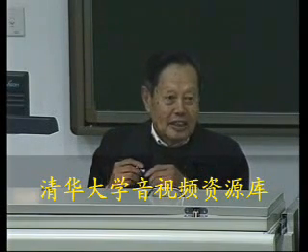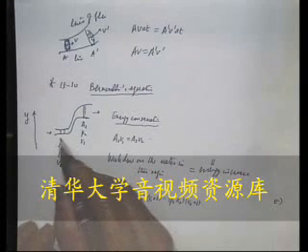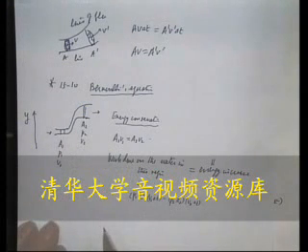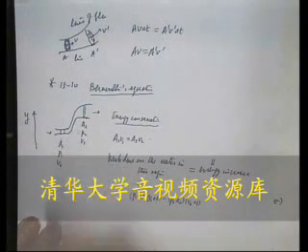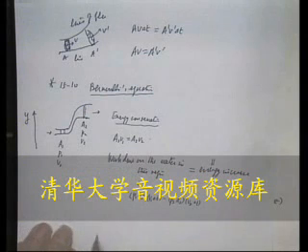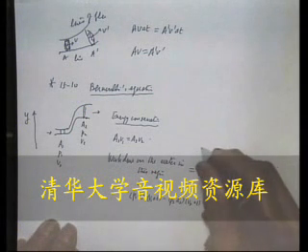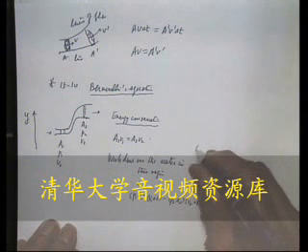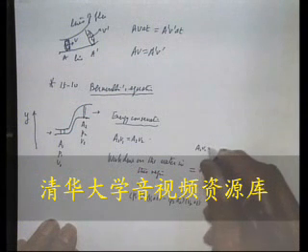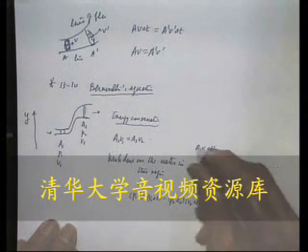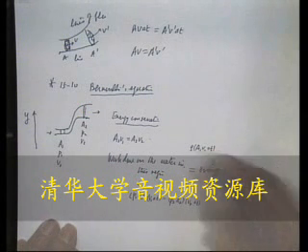So there is no change. The only change is in this volume and in this volume. So what is the change? What is the total mass of it? It's A1 V1 delta T, that is the volume, times rho.